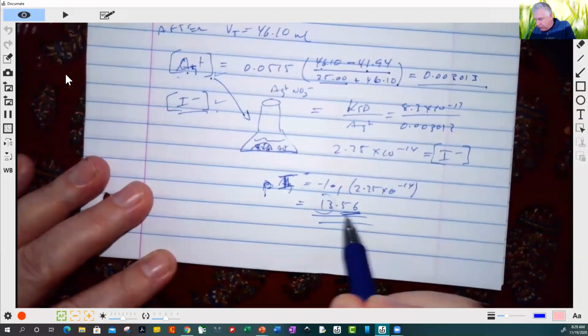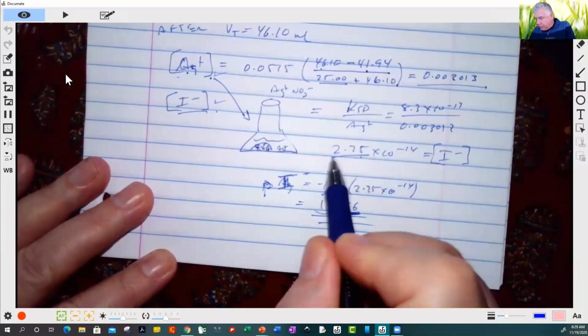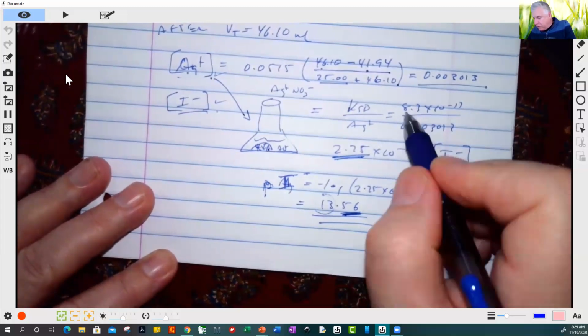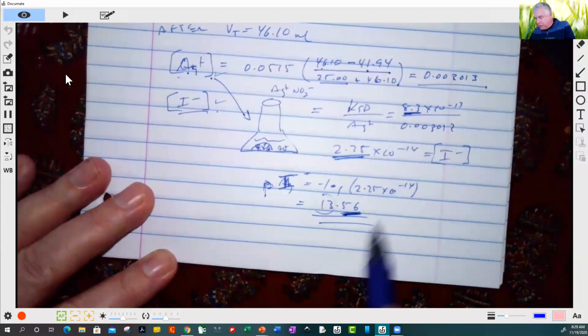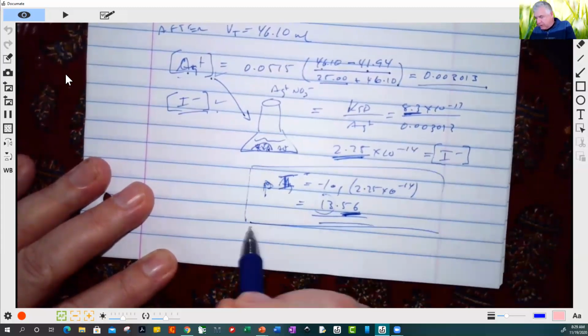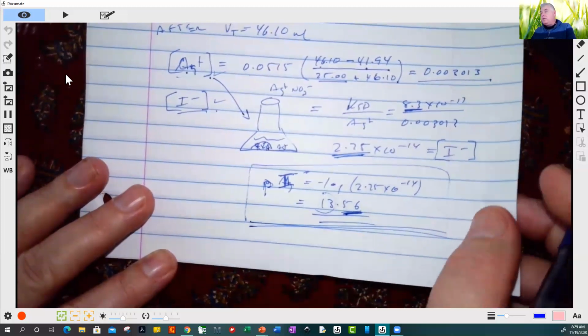These are sig figs, and these come from, oops, I'm missing one, because there's 3 sig figs here, 2.75. No, there's only 2. This is 8.3, so this is correct. 13.56. Good. So now let's do the VE calculation.